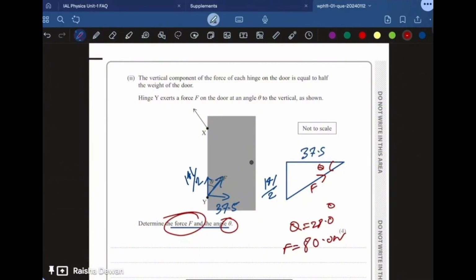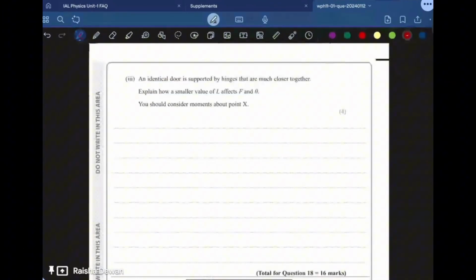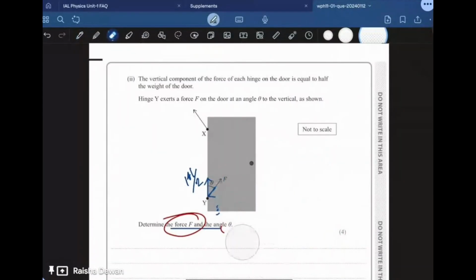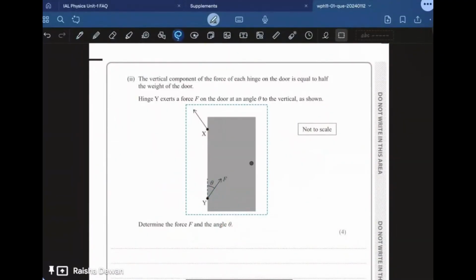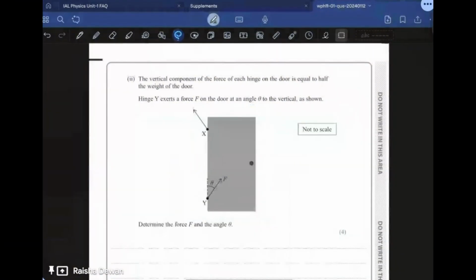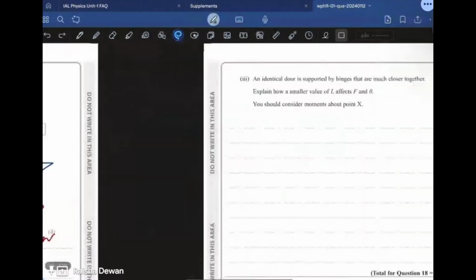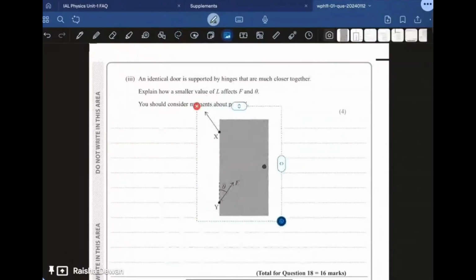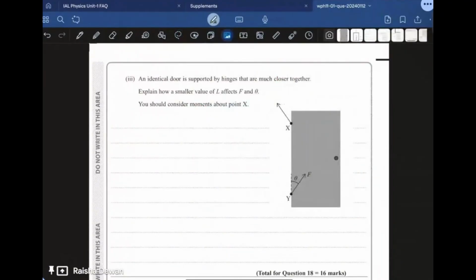Now the next part, they have said an identical door is supported by hinges that are much closer together. In the identical part, the hinges will be much more closer. So let's take this picture right here.